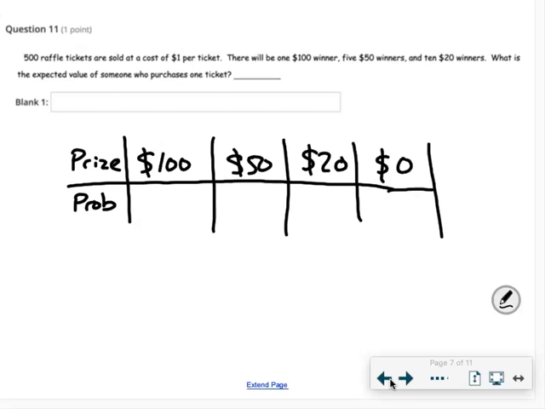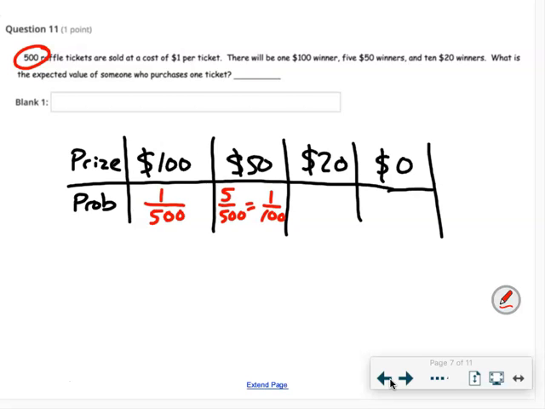Let's start finding the probability of these. It's always going to be something over 500. That's how many tickets were sold. There's only going to be one $100 winner. So there's a 1 out of 500 chance that we win 100. There's a 5 out of 500 chance that we win 50, which simplifies to 1 out of 100.